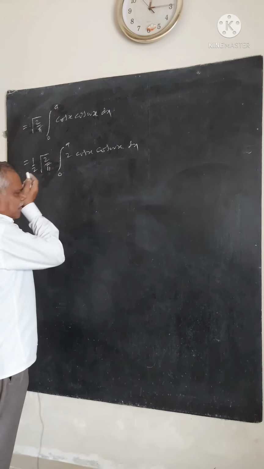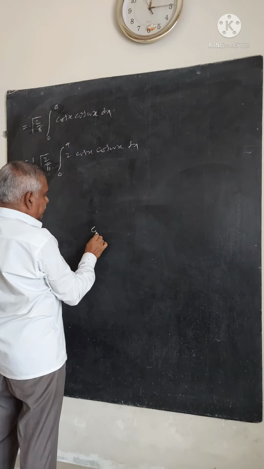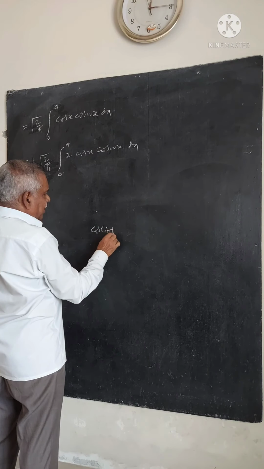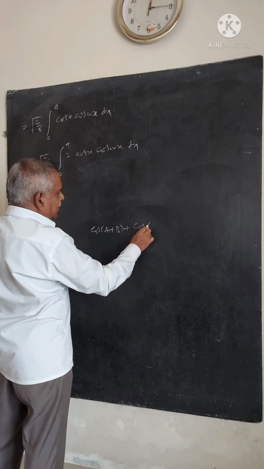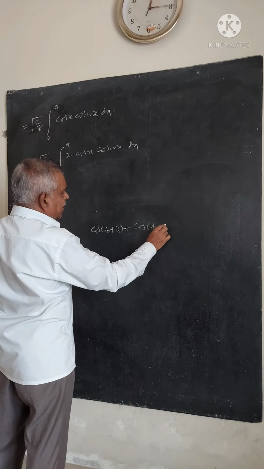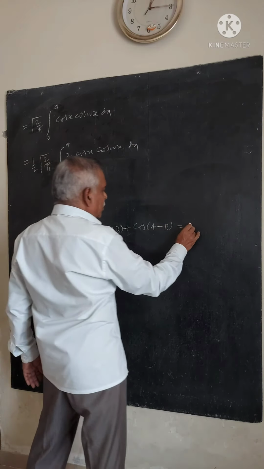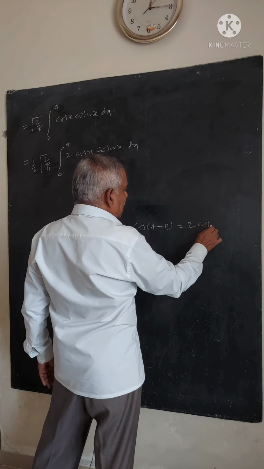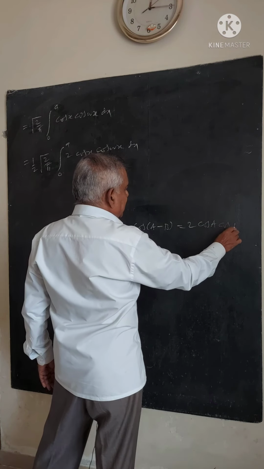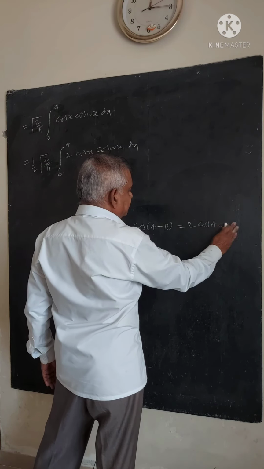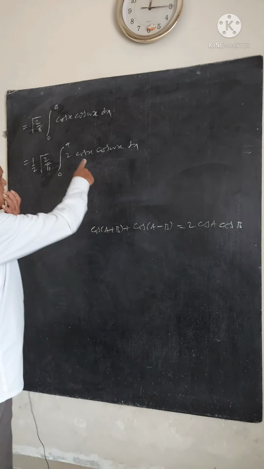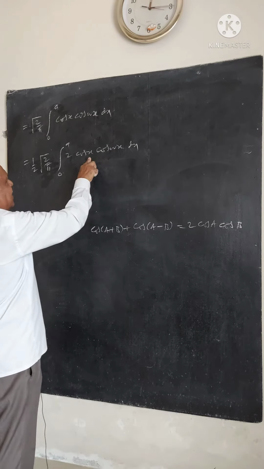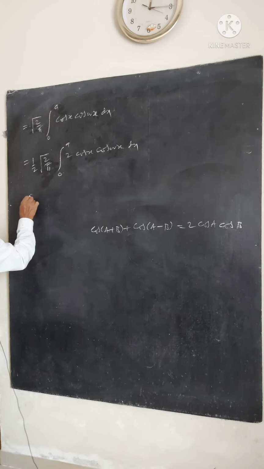The trigonometric formula is cos of (a plus b) plus cos of (a minus b) equal to 2 cos a cos b. We use this formula where a is x and b is omega x.